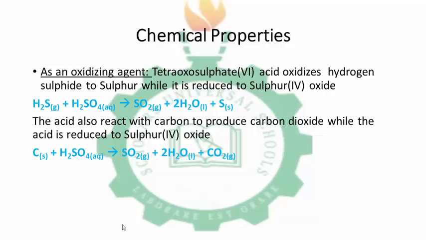Now please take note, when sulfur IV oxide is oxidized, it is oxidized to tetraoxosulfate VI acid. But when tetraoxosulfate VI acid is reduced, it is reduced to sulfur IV oxide. Now tetraoxosulfate VI acid is an oxidizing agent, but sulfur IV oxide is a reducing agent. Please take note of that.